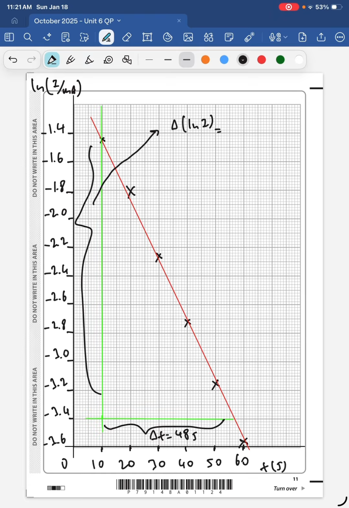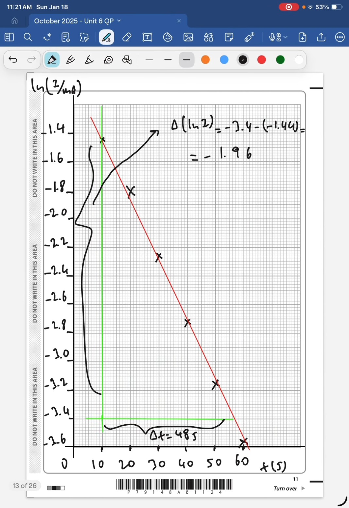It's minus 1.44 actually. So minus 3.4 minus of minus 1.44 yields minus 1.96.